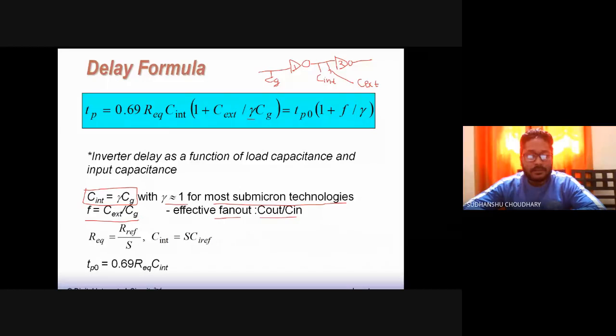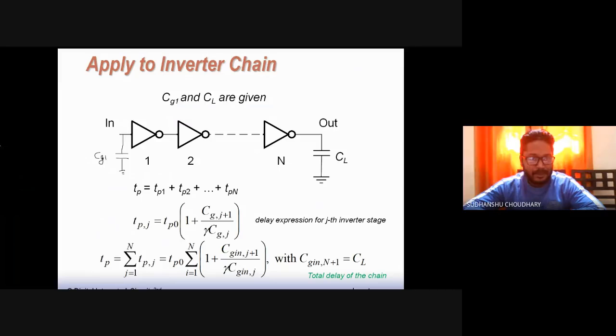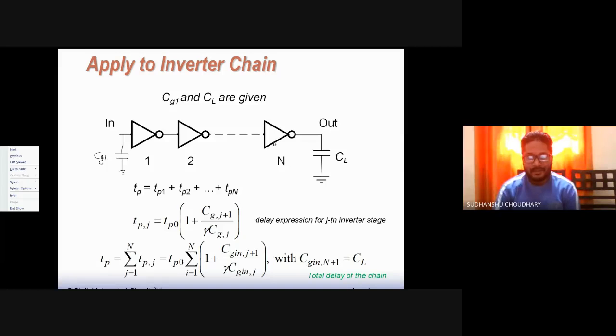Okay. So next we apply the same thing to the inverter chain. Again, I bring you back to the same problem here. We have now, let's say, n number of inverters. We don't know what should be the value of n, how many inverters are required to have an optimum delay through this chain. So we have to find this n, and we also have to find the optimum delay.